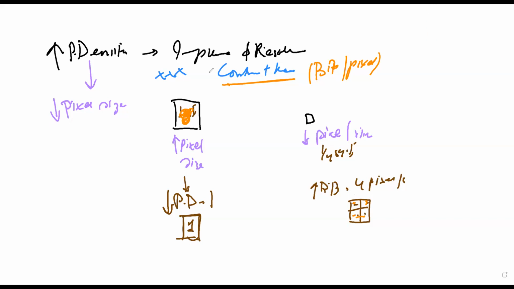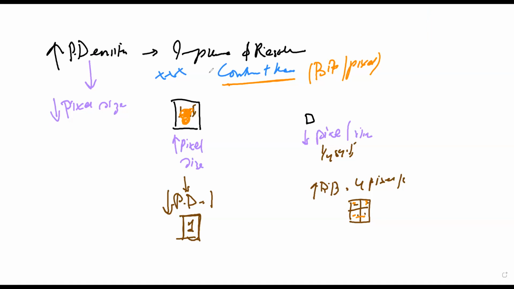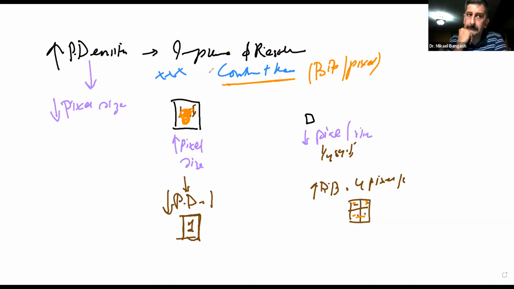I have a question. So the contrast resolution improves with an increased number of bits? Yes, because with an increased number of bits, you end up having a greater grayscale, right?